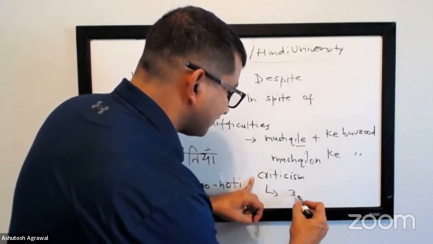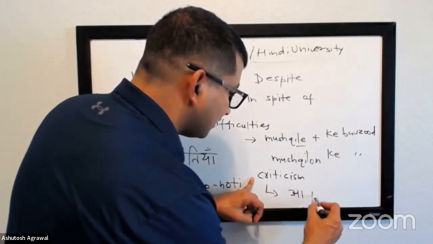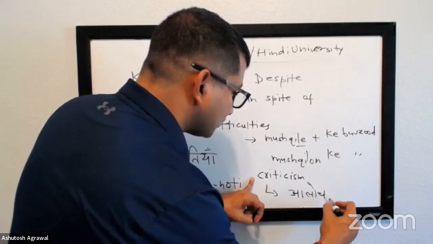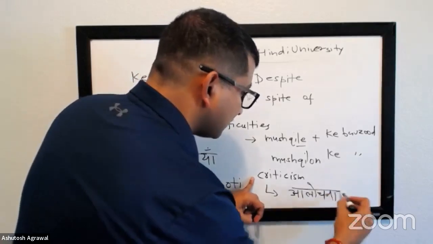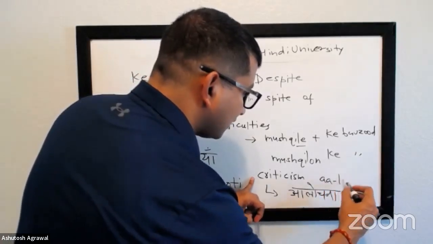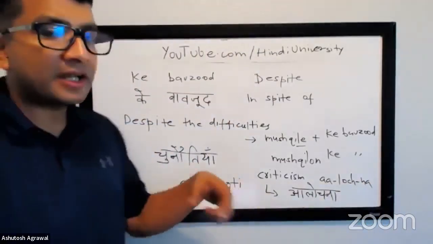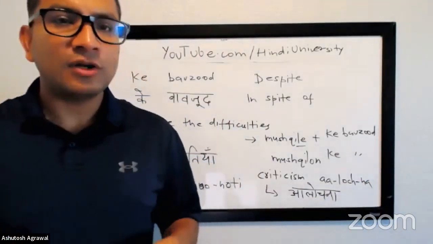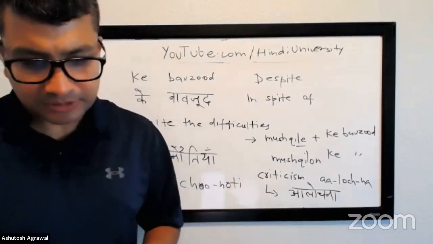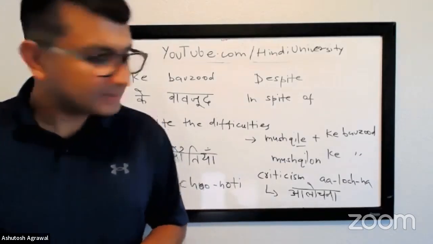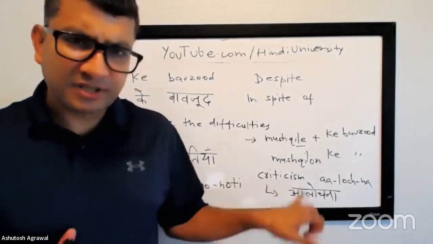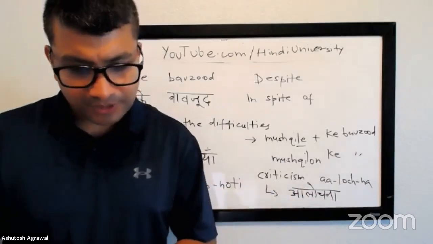Alochana. Yeah, very good. आलोचना. And if you make it plural, criticisms, आलोचनाओं के बावजूद. Okay, despite the criticism or criticism के बावजूद. This is also good.